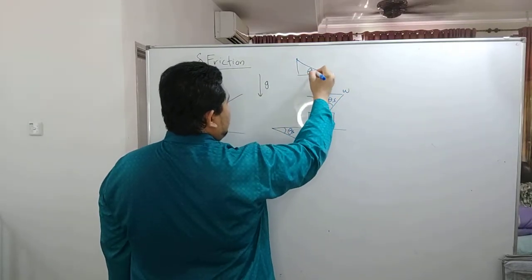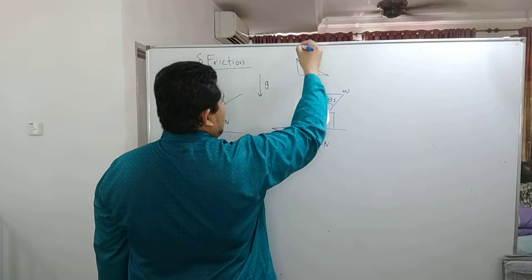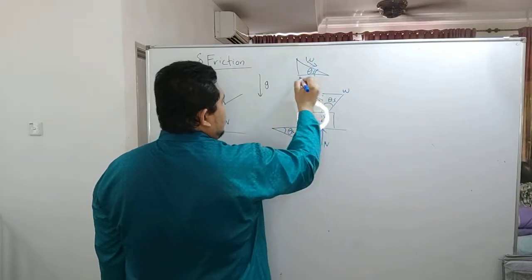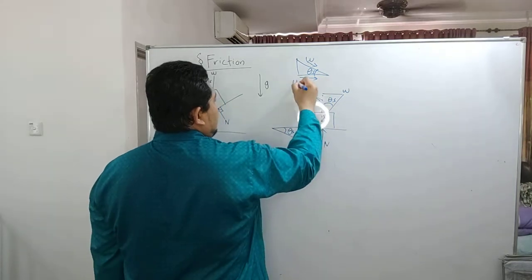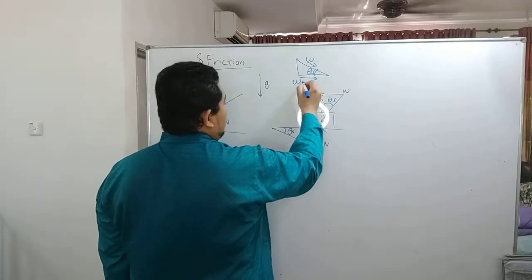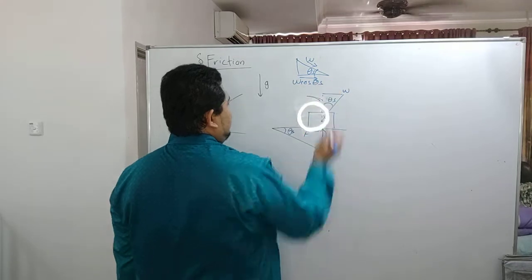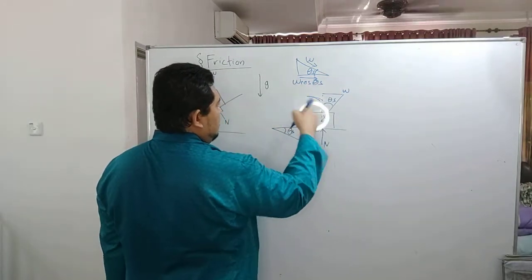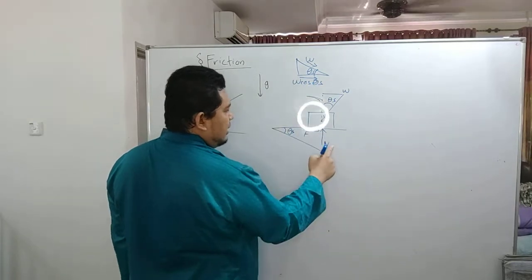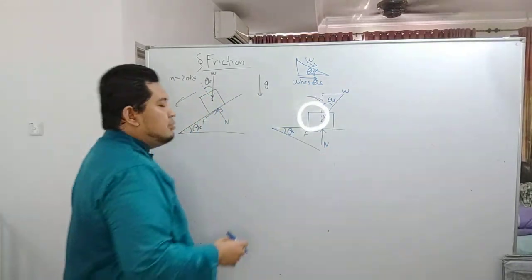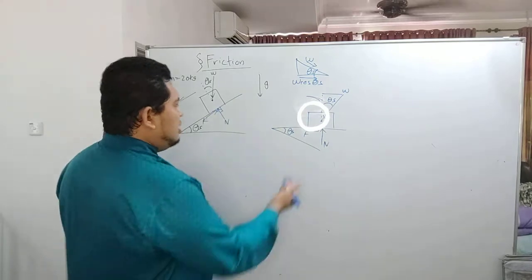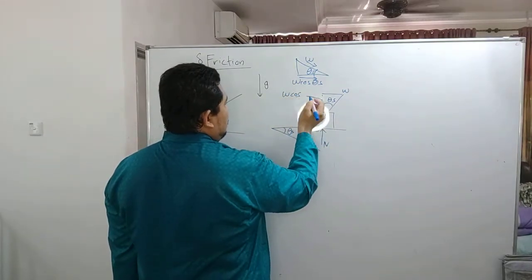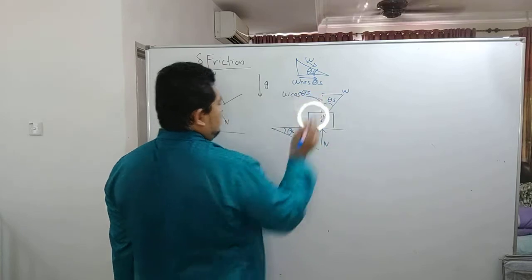This is theta s, this is W, the weight, and the component in this direction is W times cosine theta s. You need this W cosine theta s so that you can get the normal force, because the normal force needs to be perpendicular to the contact surface. So over here is W cos theta s.